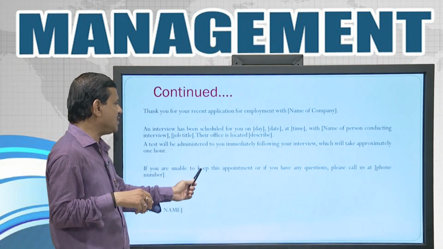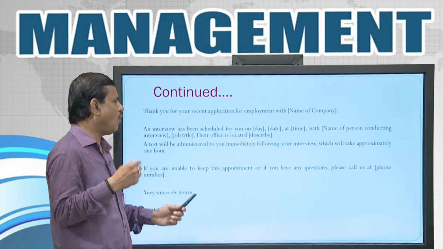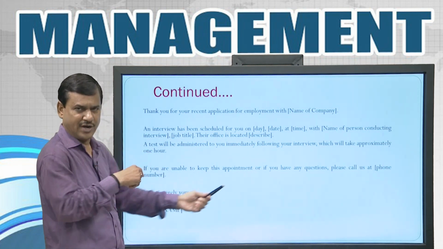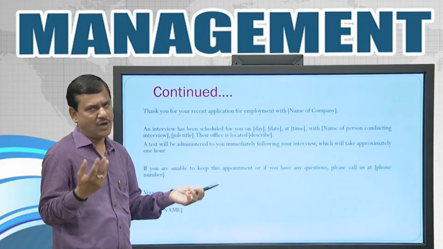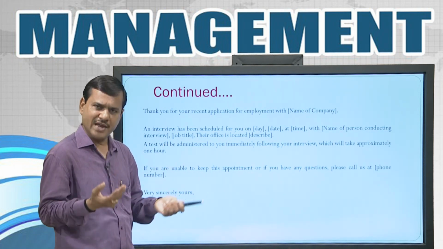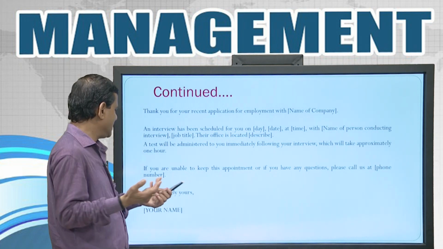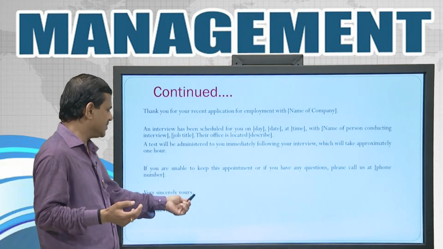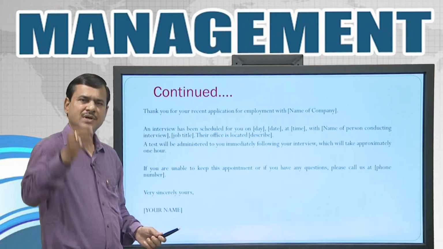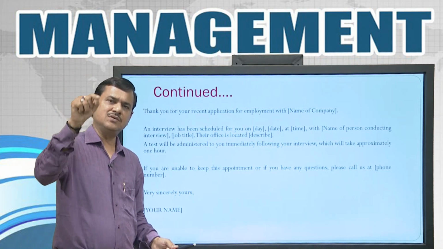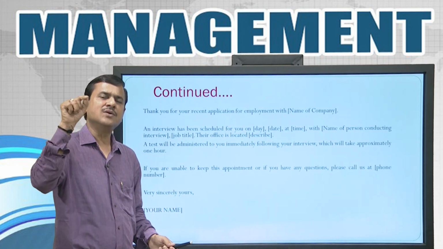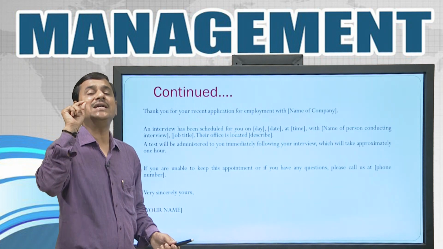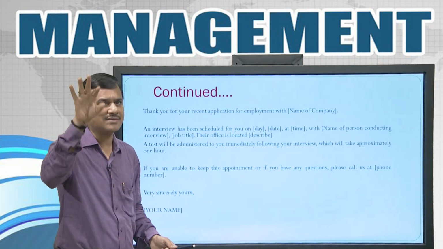If you are unable to keep this appointment or if you have any questions, please call us at the phone number given, that if you have any query or any issue regarding this, then you can contact. And as you know, "Very sincerely yours" is followed by a comma, then your name, the name of the person who has drafted this letter, or who is entitled to write this letter.